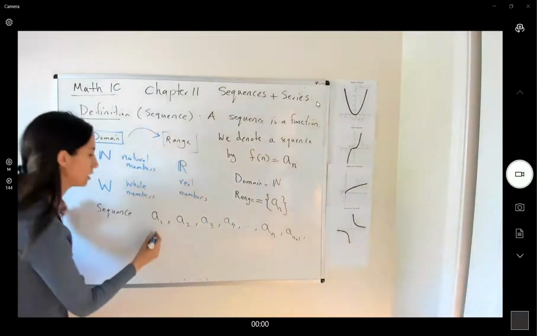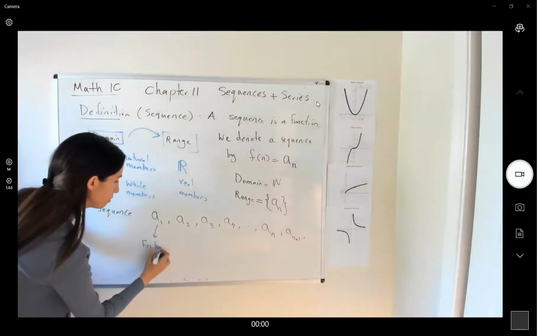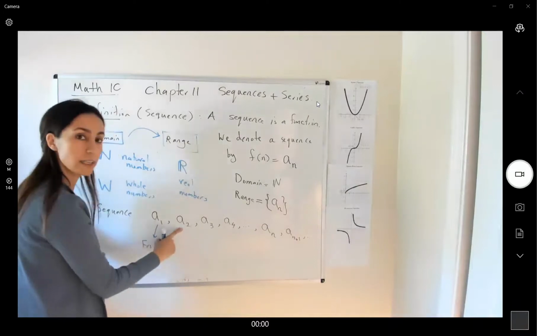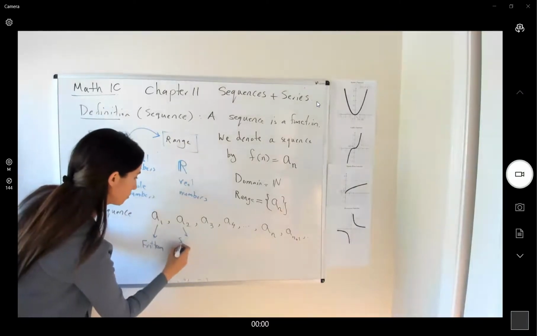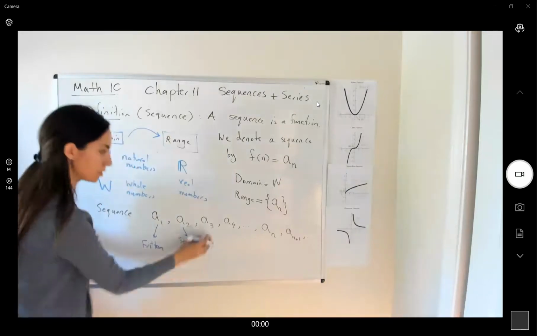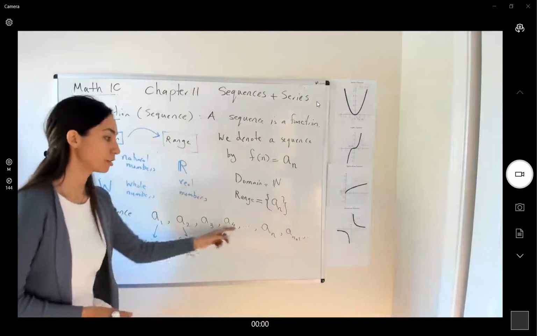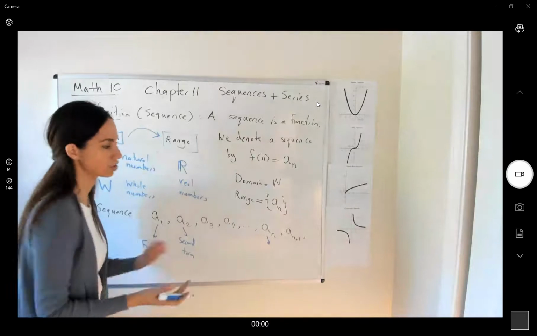A sub 1 is called the first term of the sequence. A sub 2 is called the second term. A sub 3, the third term, the fourth term, and a sub n, we say, is the general term.